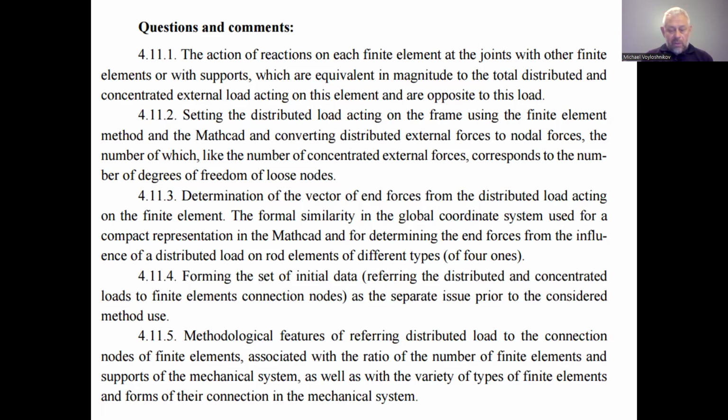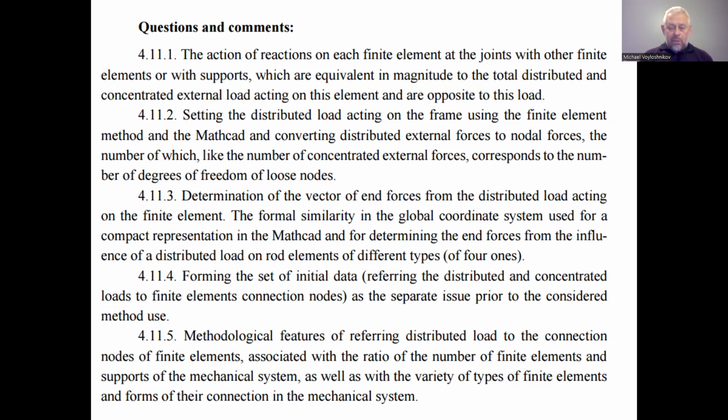With a deformed mechanical system, some nodes which are not supported, just the so-called free nodes, can move. If the nodes move, the displacement can be of the translational type, like along the abscissa or along the ordinate axis, or of a rotational type, like bending rotation of the rigid connections of the finite elements within the discrete model.